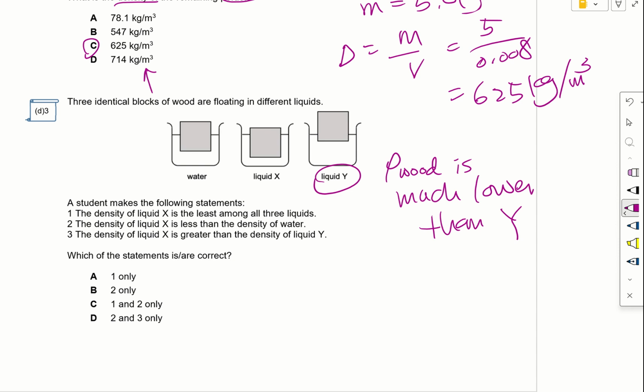That's why the wood is floating so high. So I would say that Y has the highest density.